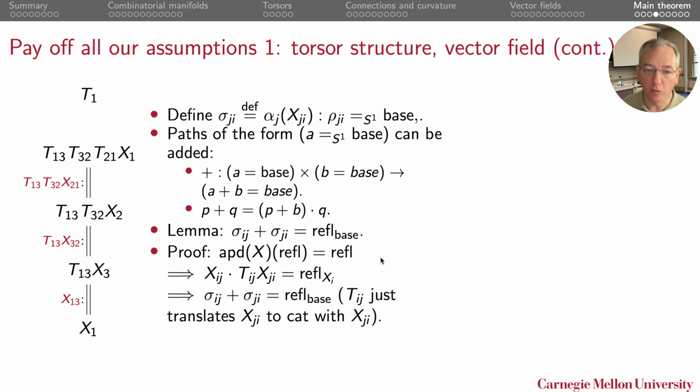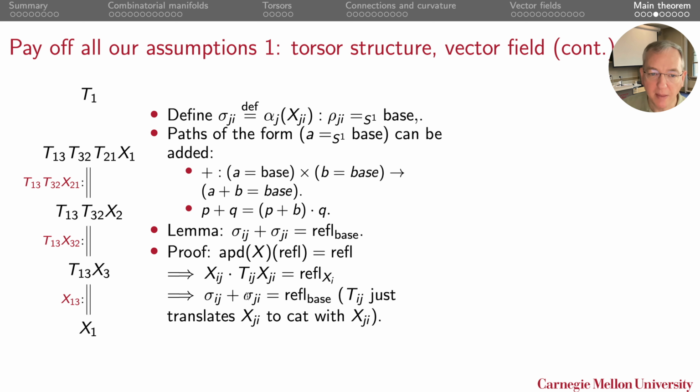So here's the full proof. We know that APD, dependent action on paths of REFL, has to be REFL. That's how the path induction gets started. And that's the same as this statement, that getting xji into the same fiber with xij, which is done with transport, and catting them is REFL.